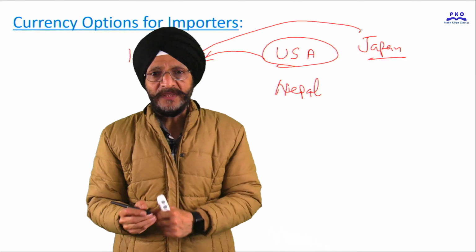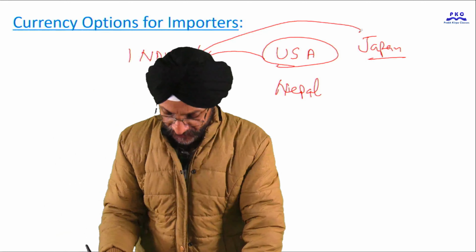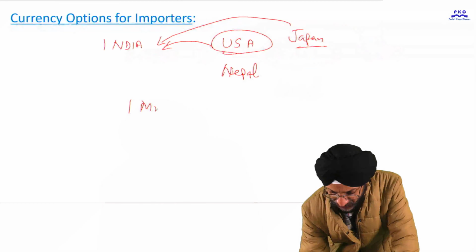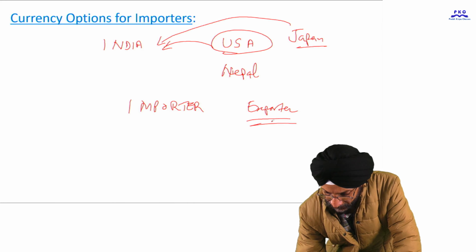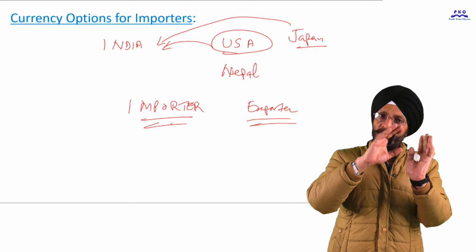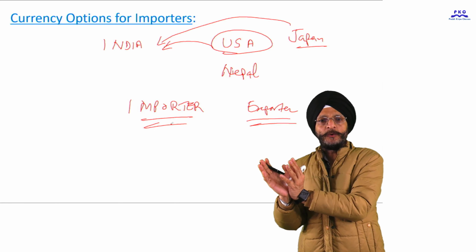It may also happen that when we are importing from some other country, they may ask for neither the currency of the importing country nor the currency of the exporting country.